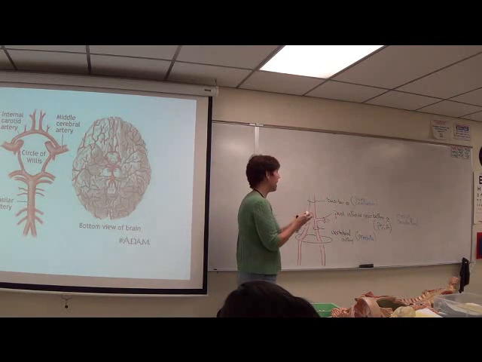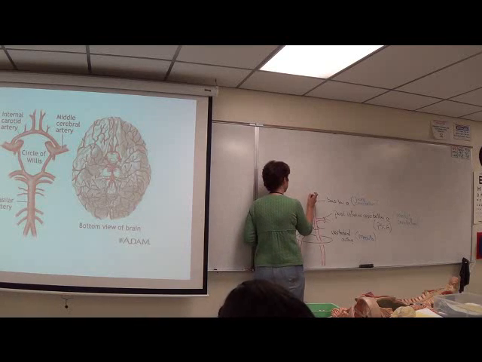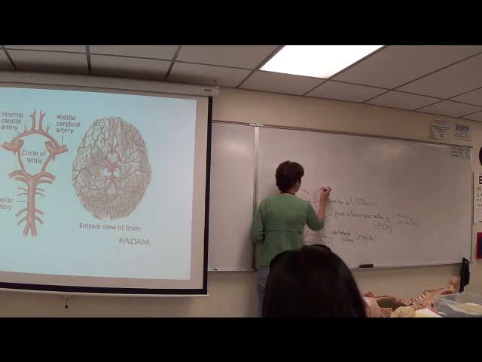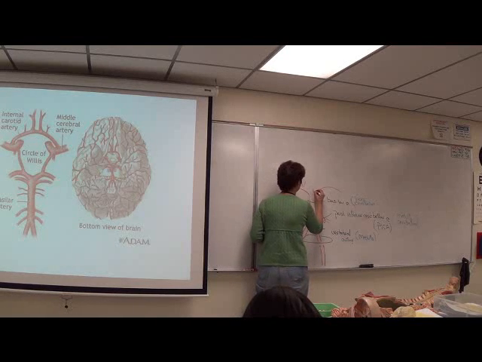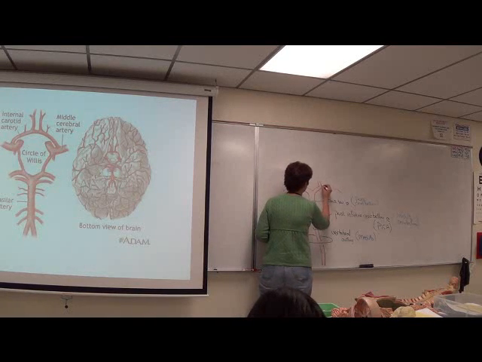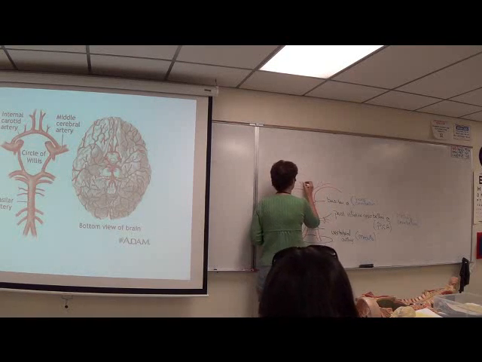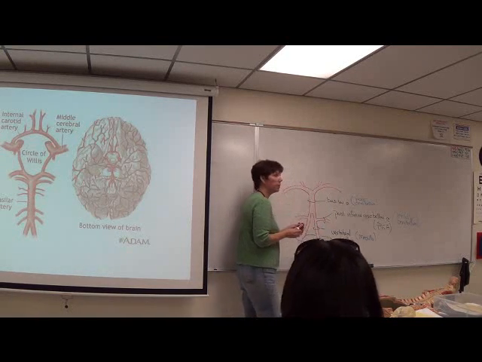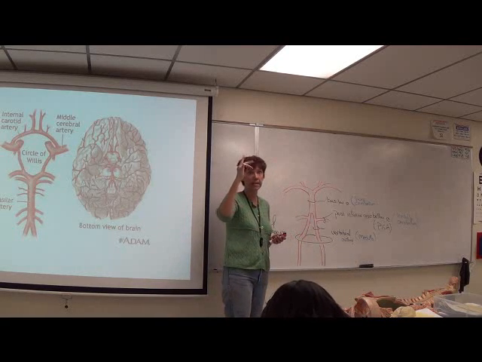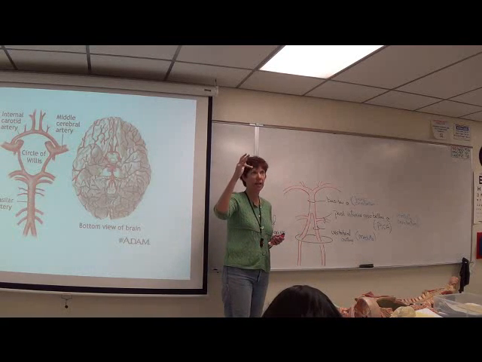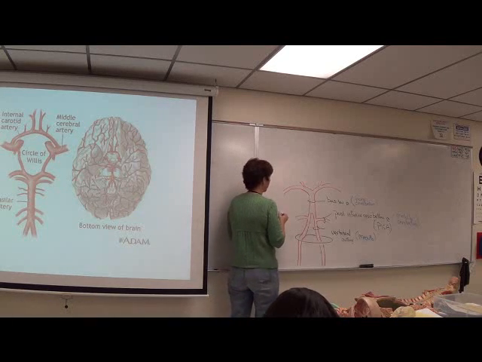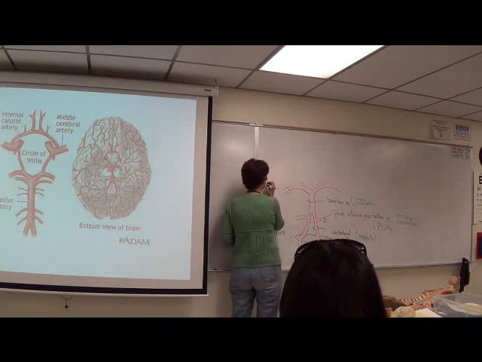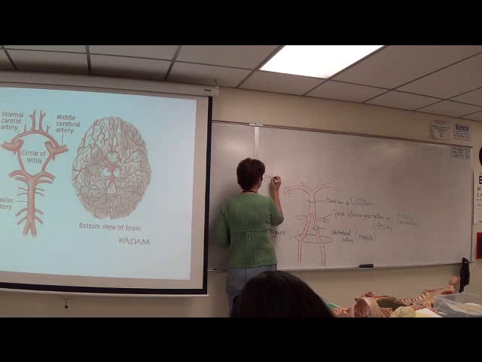And then these end by forming a T, known as the posterior cerebral. So we're going to have 3 cerebral arteries, an anterior, a middle, and a posterior. There are 2 posterior cerebral arteries.